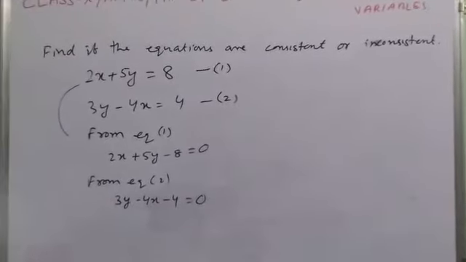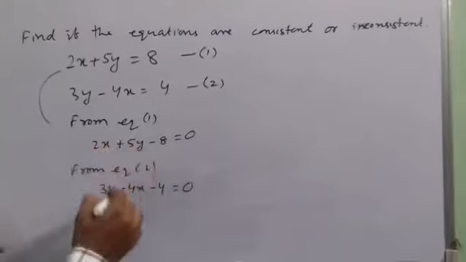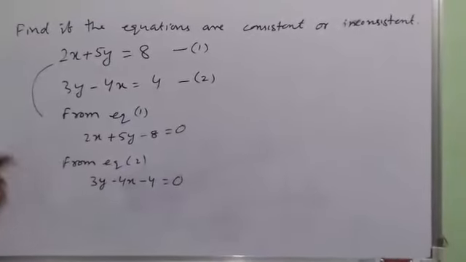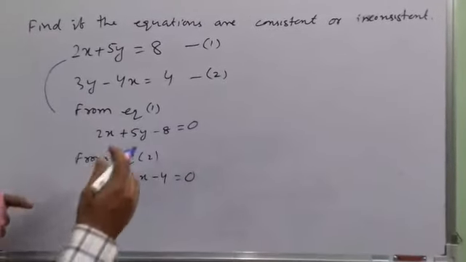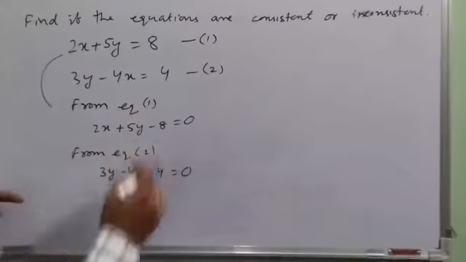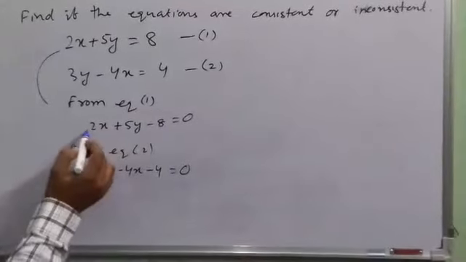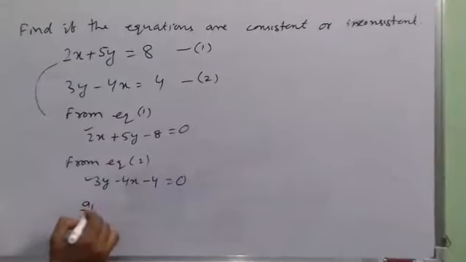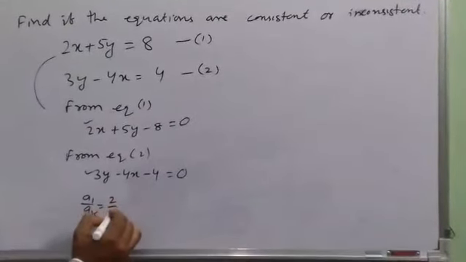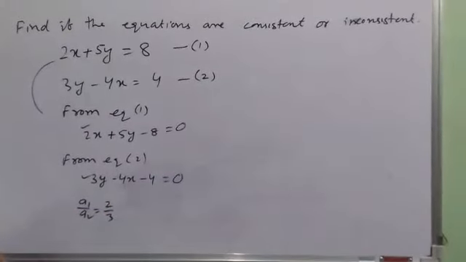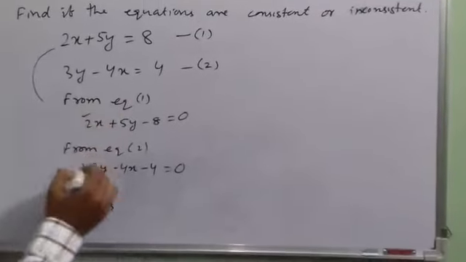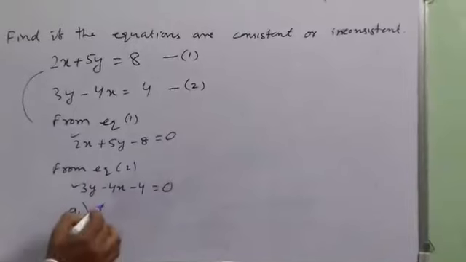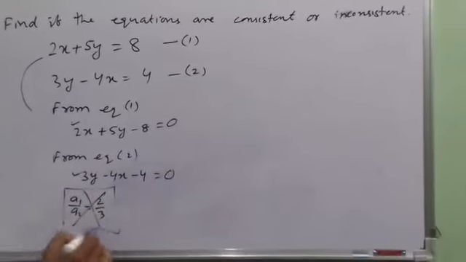Now we have to compare and find the relation between A, B, C, that is A1, A2, B1, B2, C1, C2. Okay. Now A1 by A2. Here we have A1 by A2 equal to 2 by 3. You see, this is not right.